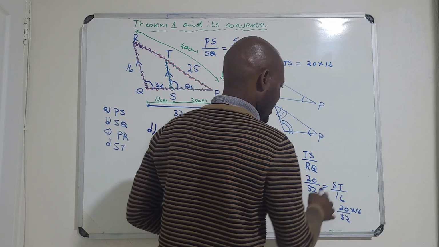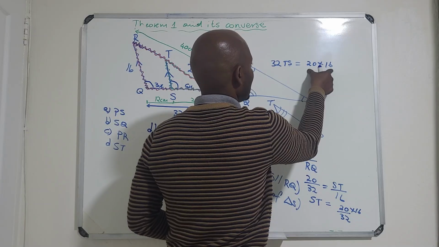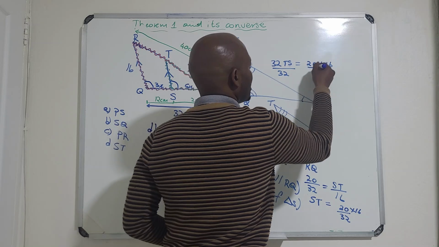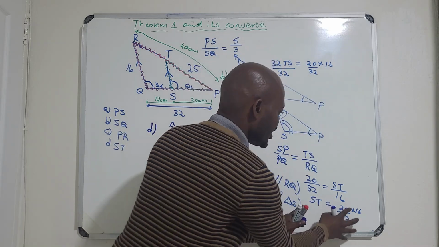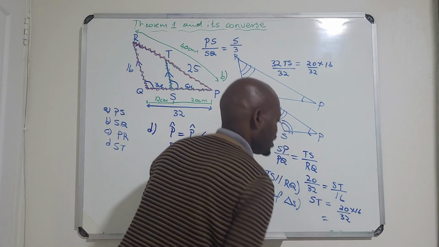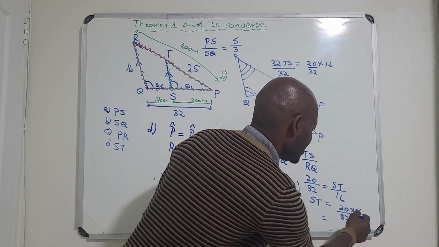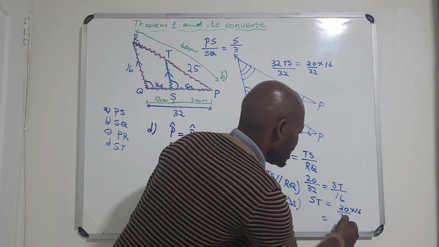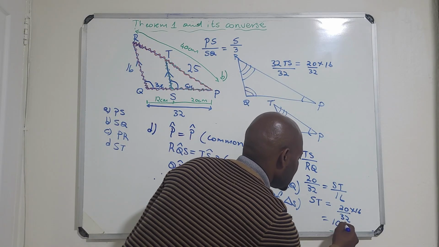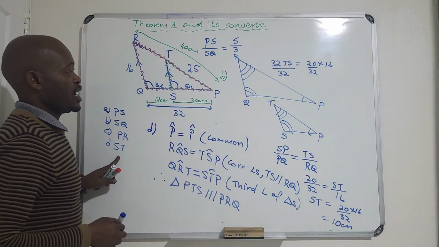We are cross multiplying. But we want TS. That is why I divide by 32, divide by 32. Therefore, this here goes 2 times. 16 goes into 16 once, into 32 2 times. 20 divided by 2, 10 centimeters, which is your ST.